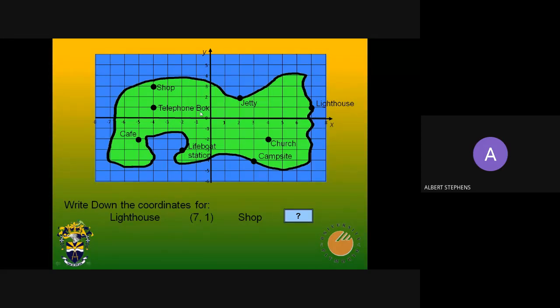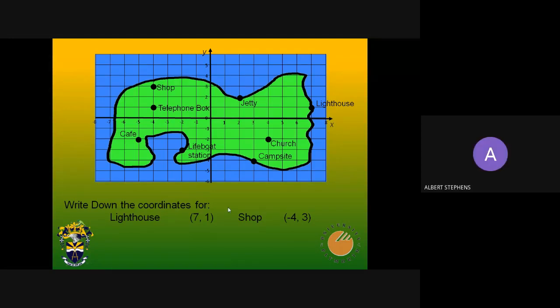What about the shop? (-4, 3). No problem. The diagram is not so 100% clear.